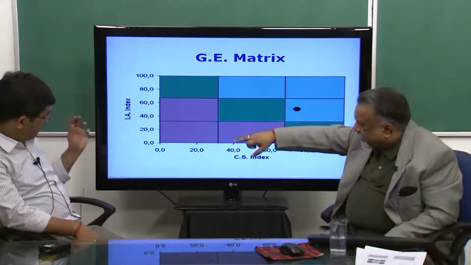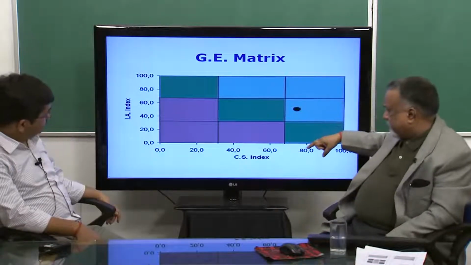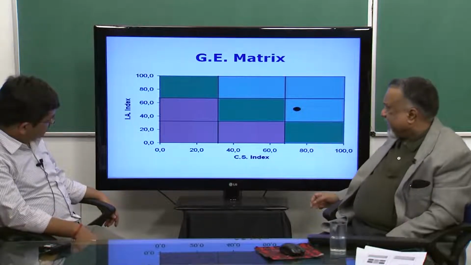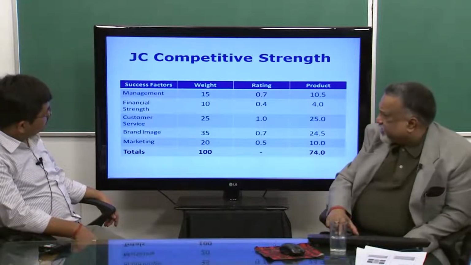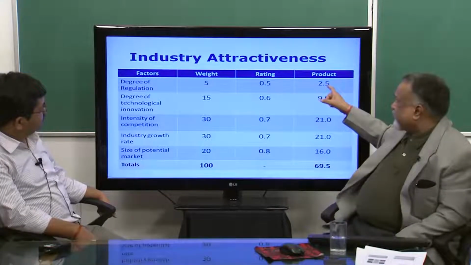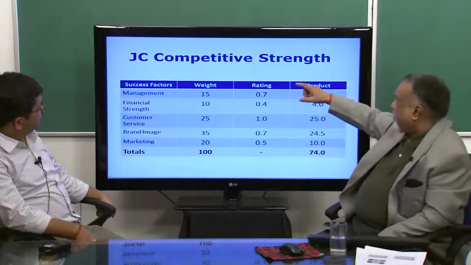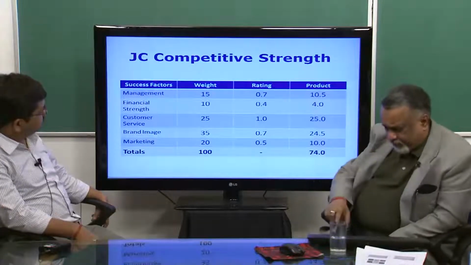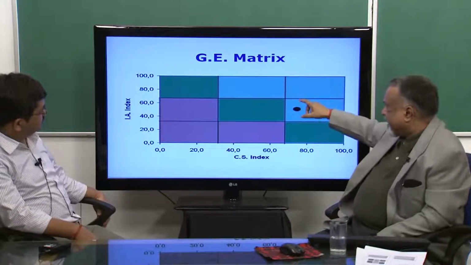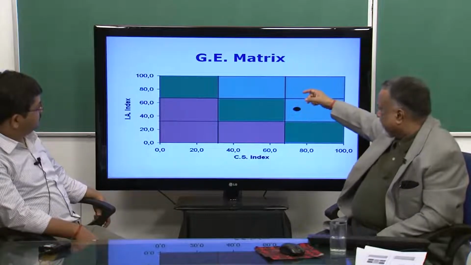If we plot industry attractiveness on that side and the strength on this side, as you see here, this is coming from these two charts. The industry attractiveness was 69.5, the competitive strength was 74, and that can now be computed here, 69 versus, this should actually go up a little bit more, this is a little bit of a typo.